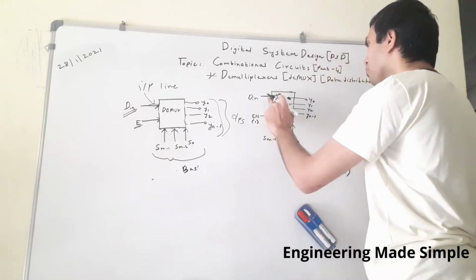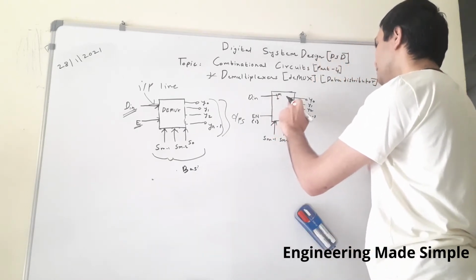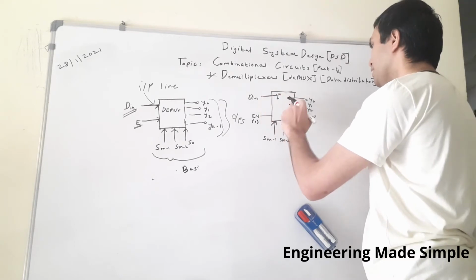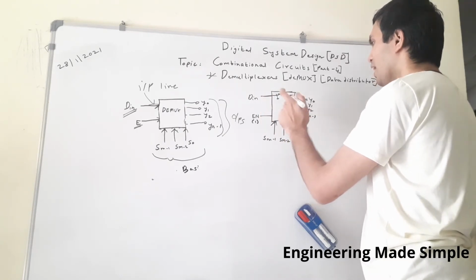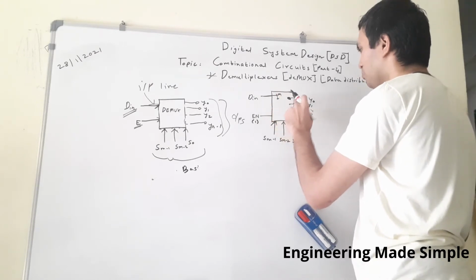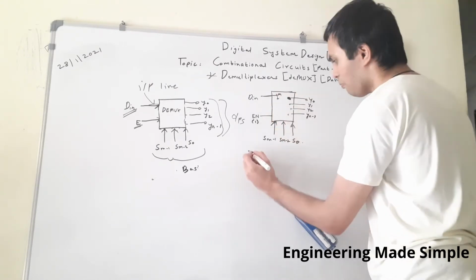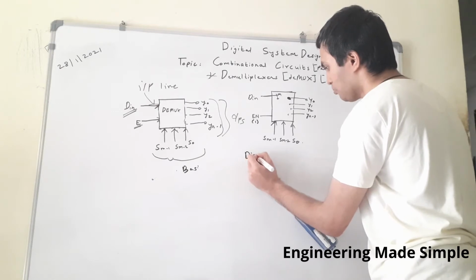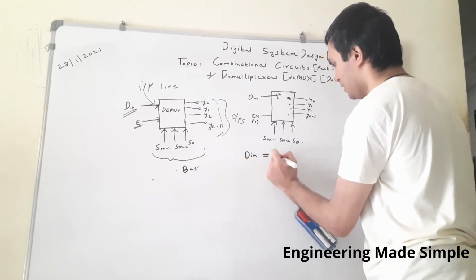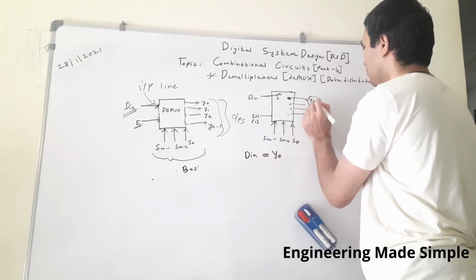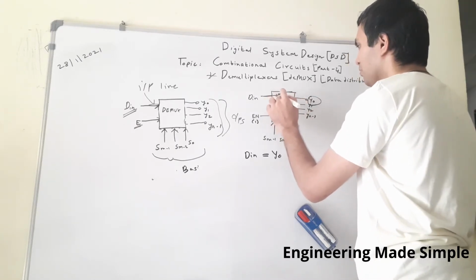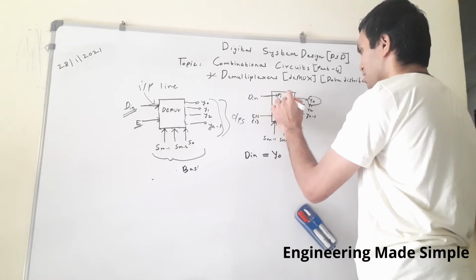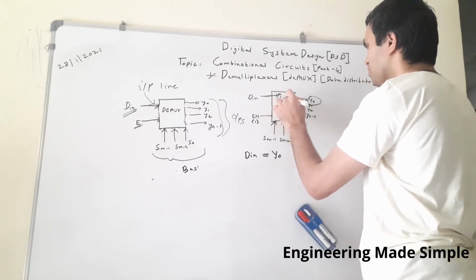You have to pass on or connect this input to each of the n outputs. But how will you determine when and where it will be connected? Suppose your data input should be connected to your output y0. How do we determine that this input will be transmitted to y0 only?